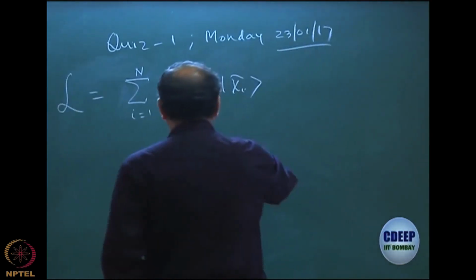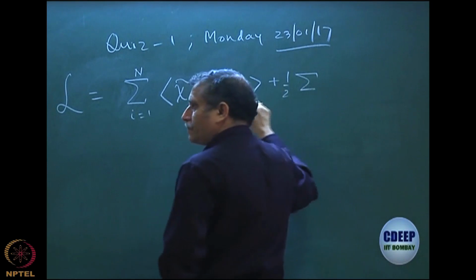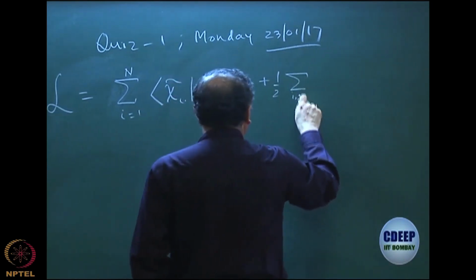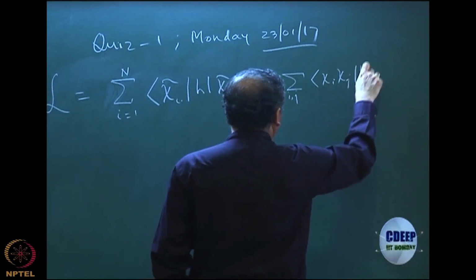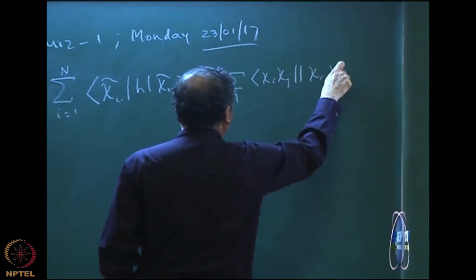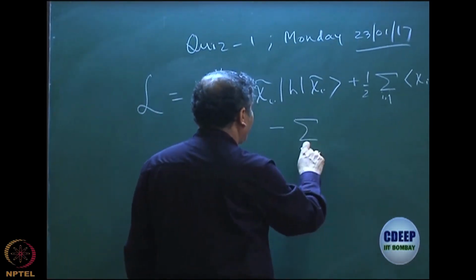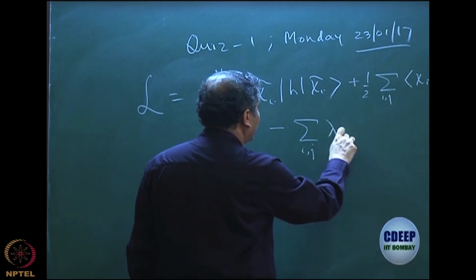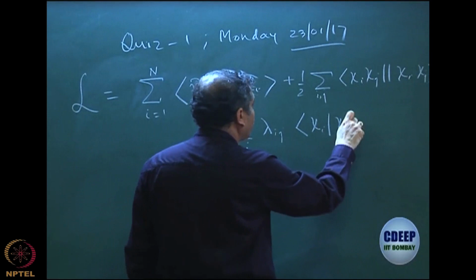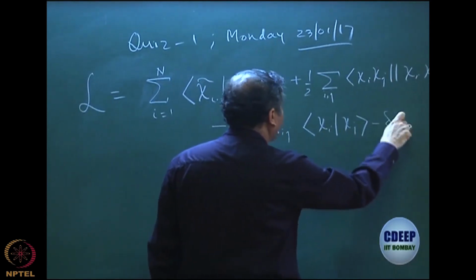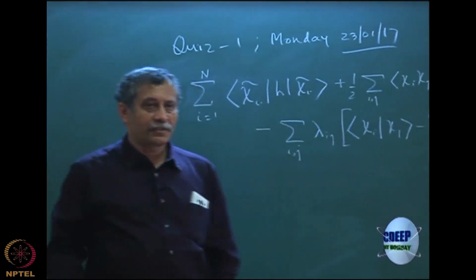So we are going back to the spin orbital, plus half of the sum over ij of the antisymmetrized integral of chi i chi j, minus the sum over ij of lambda ij times the overlap of chi i chi j minus delta ij.